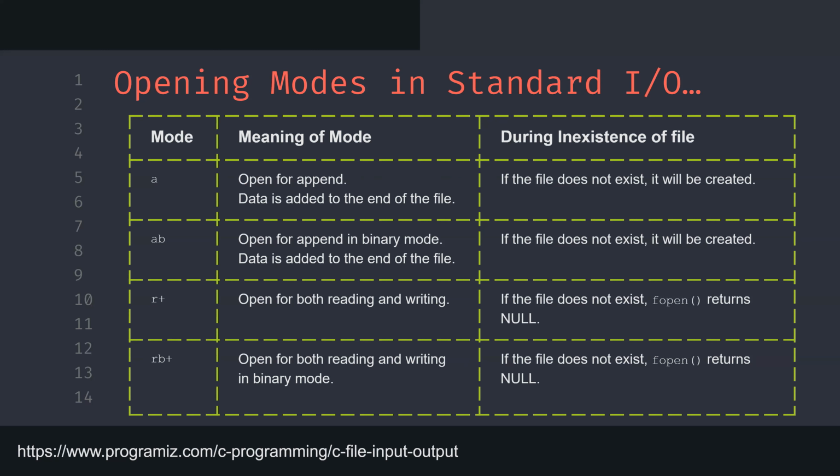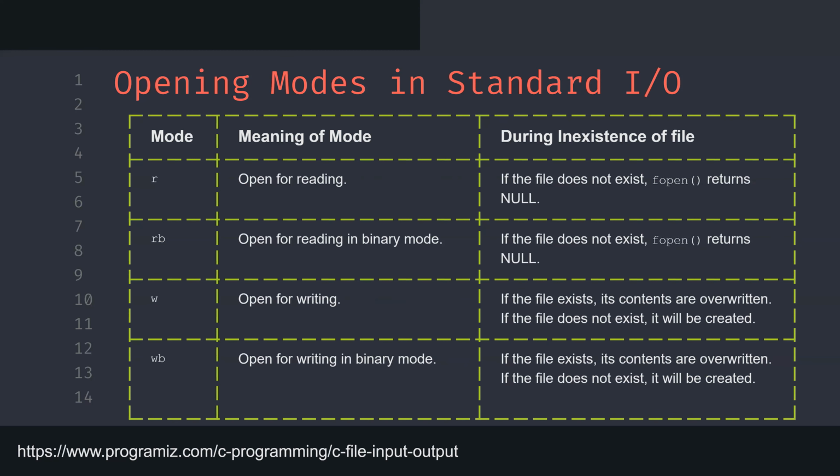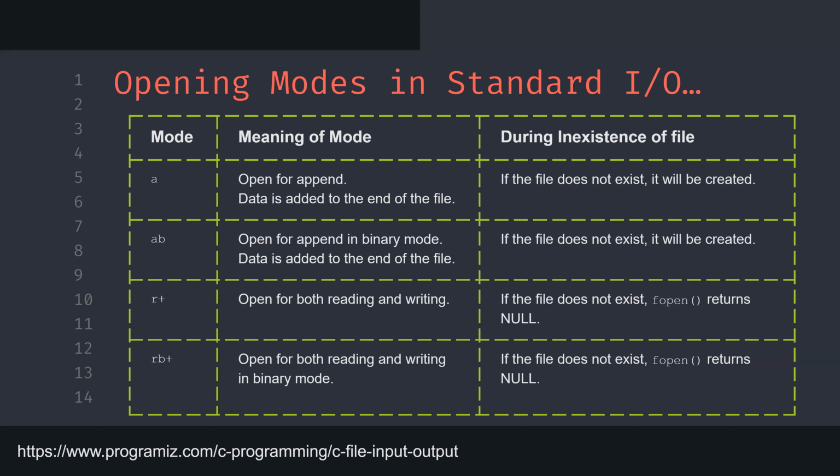The other thing is, if the file does not exist, we'll create a new one, right? So with w you're going to overwrite, and if the file does not exist, you're going to create a new one. And with a, we're going to append, and if the file didn't exist, we'll create a file. So ab means do the same thing but in binary mode.